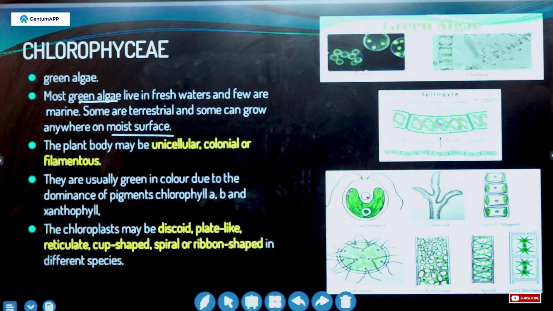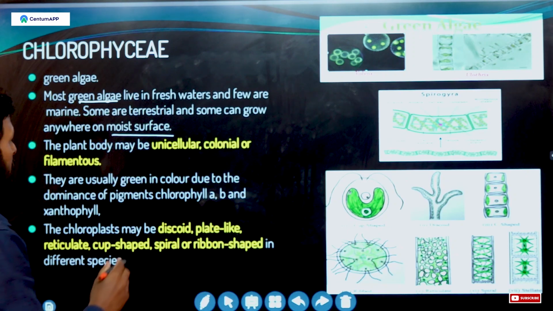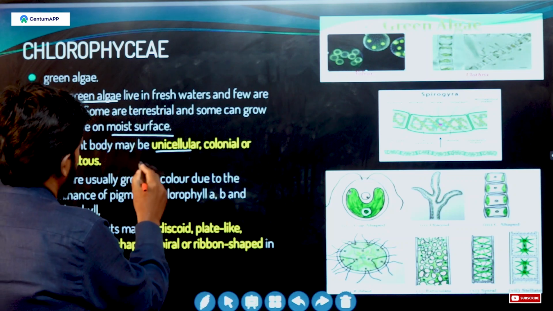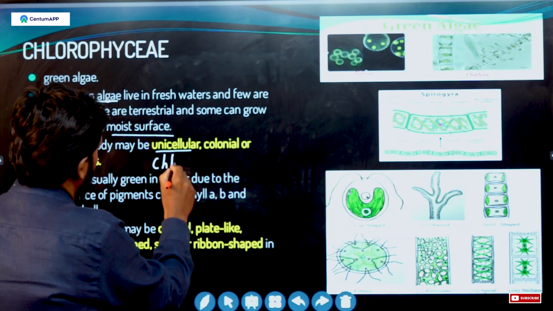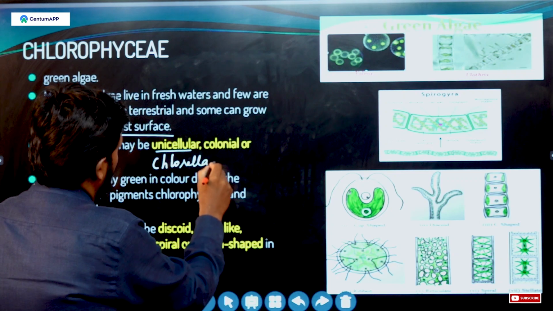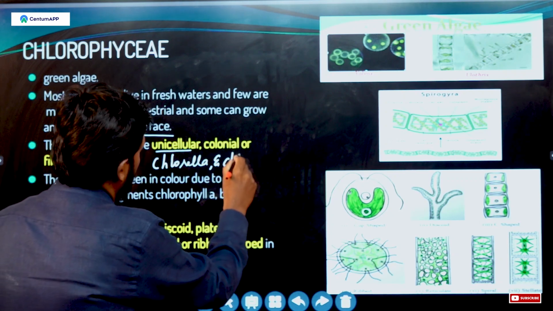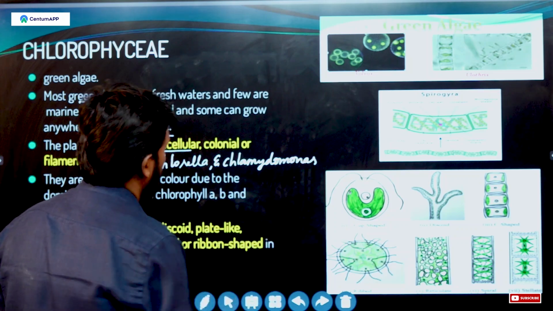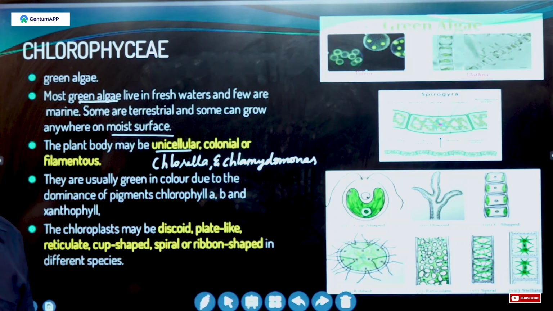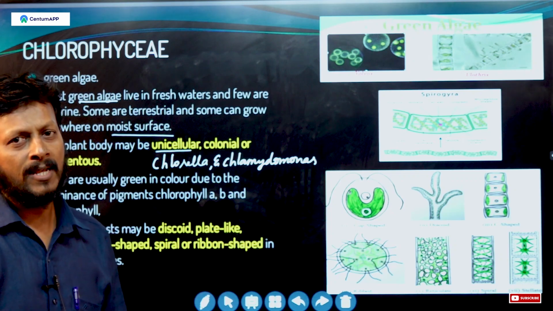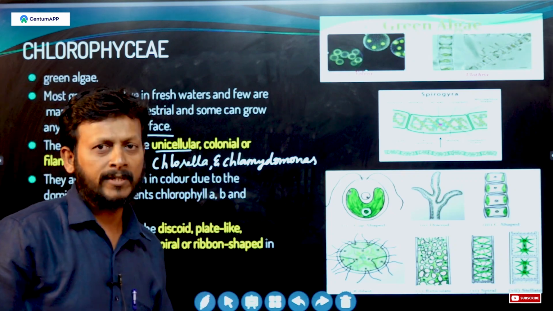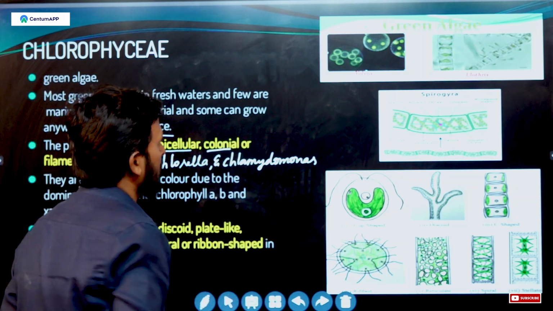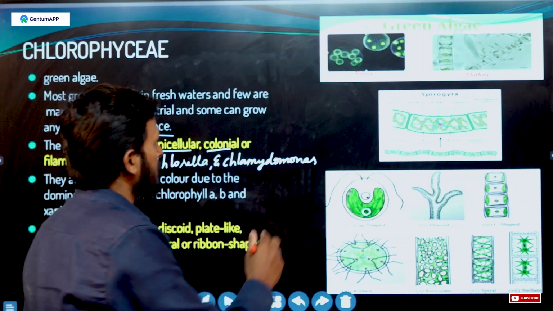Many green algae are unicellular, with examples like Chlorella and Chlamydomonas. Chlorella is a non-motile unicellular organism, while Chlamydomonas is a motile unicellular organism. Then colonial forms: colonial means a group formation, especially Volvox.